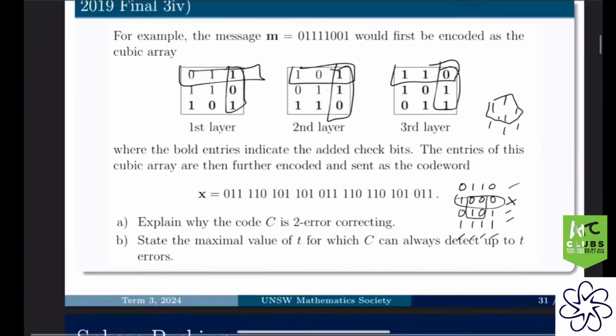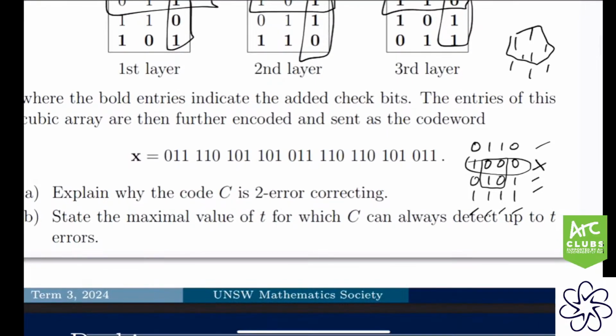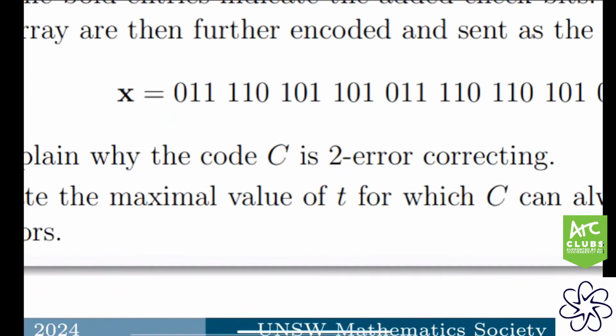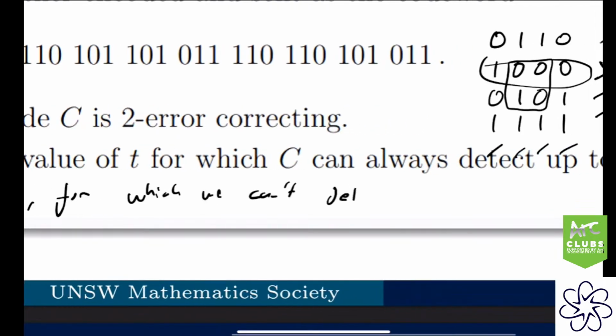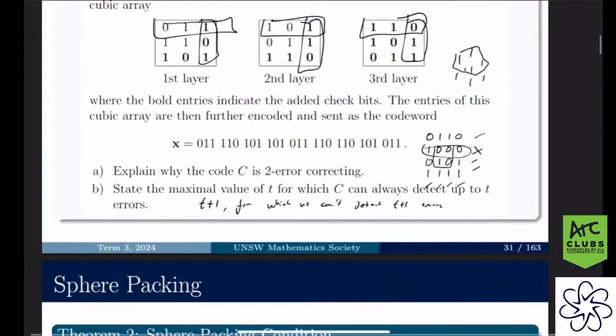So the question asks us, what's the maximal value of t for which C can always detect up to t errors? It's going to be the same question as find t plus 1 for which we can't detect t plus 1 errors, right?